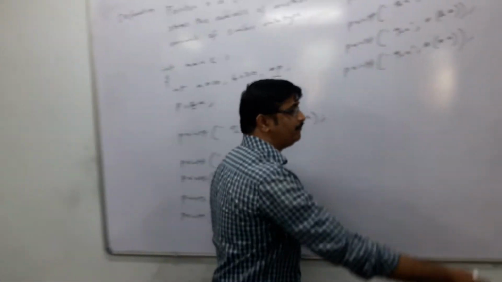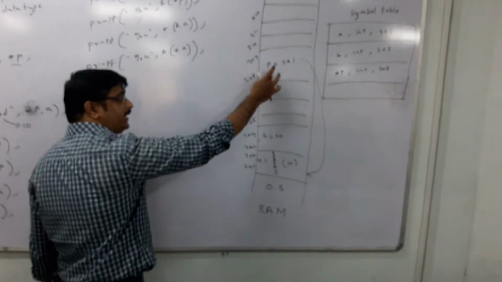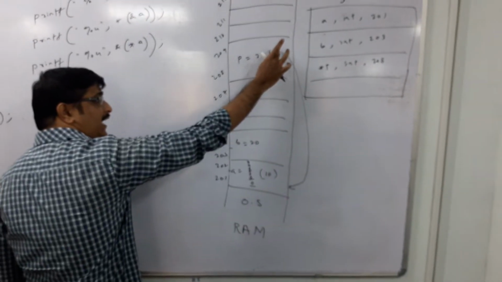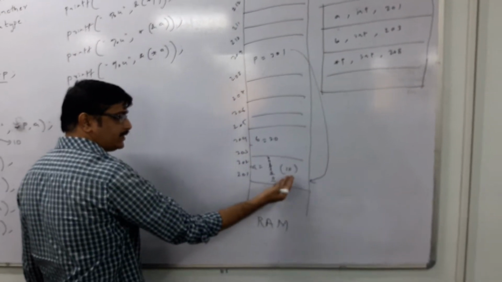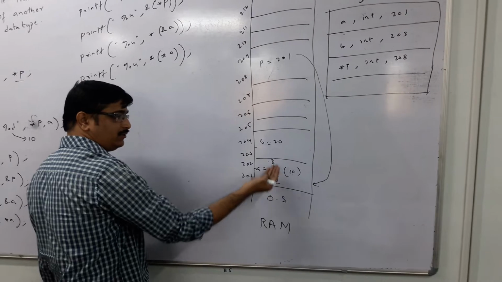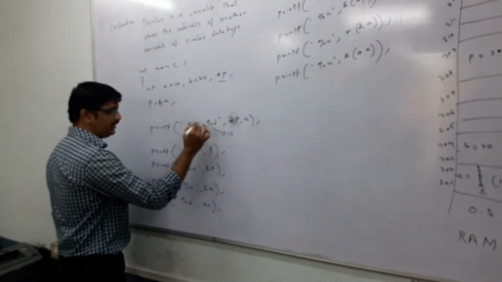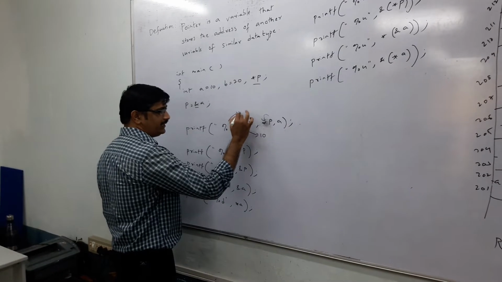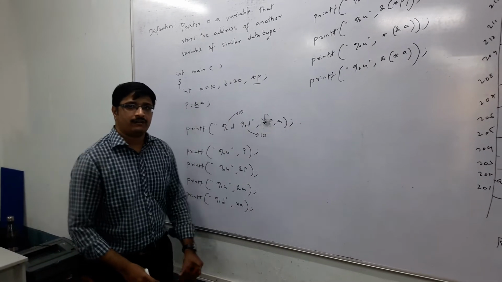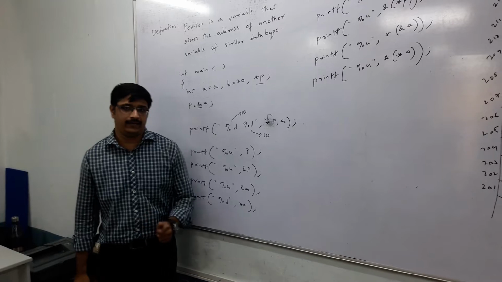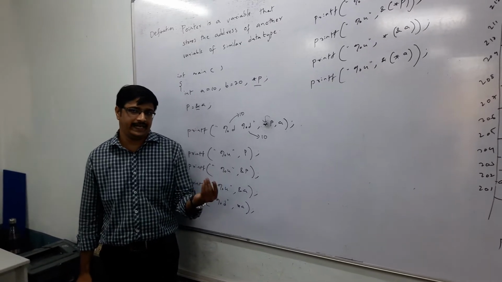Now let us see the RAM. I go to p, find the address, go to that location and pick up the value. So the value here is 10. So here also it is going to print 10. That is, without using the variable a, we are picking the value of a.